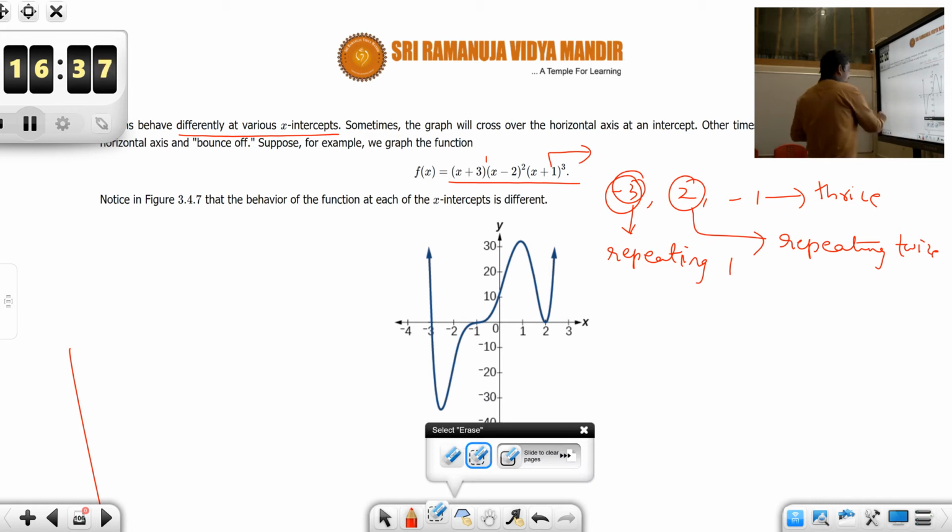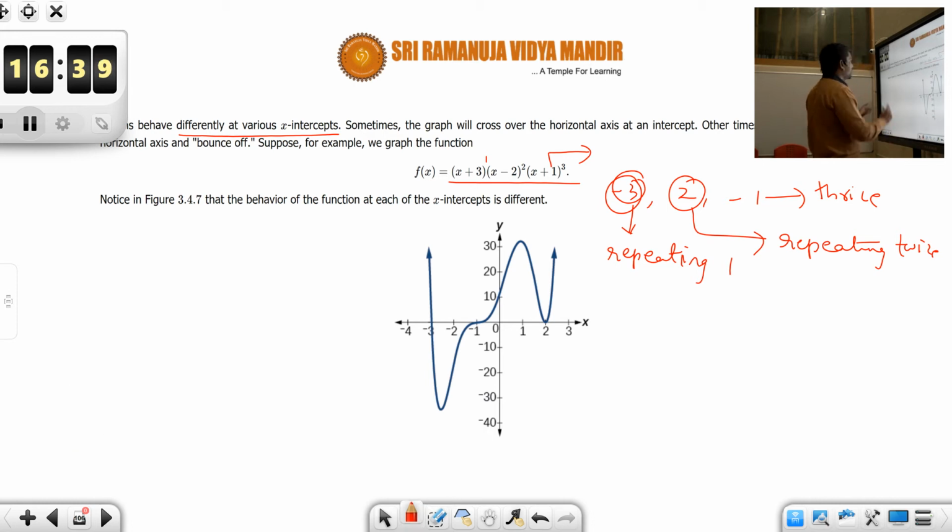How do they affect the graph of the polynomial? That is what we are going to learn in this section. Notice in the figure, the behavior of the function at each of the x-intercepts is different.